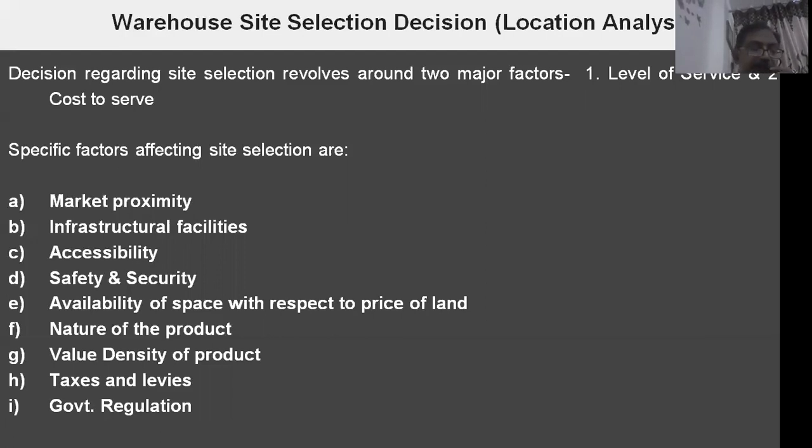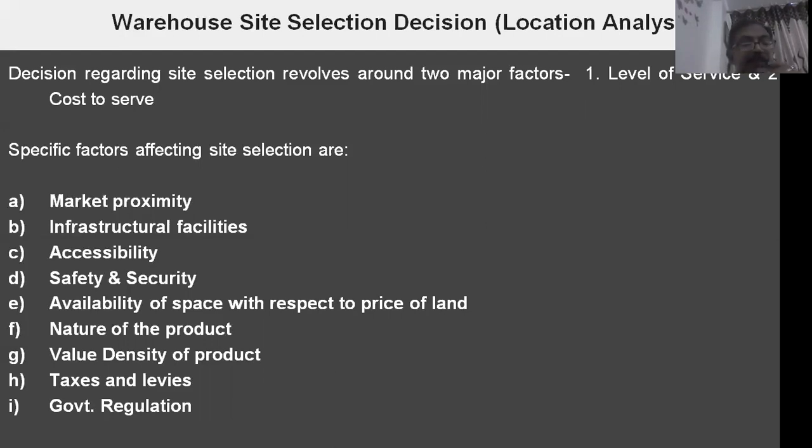So per unit gram price. So value density of gold will be much higher compared to value density of iron or silver or aluminum. So if value density is high, it is suggested that the item should be kept near, meaning control must be higher and it should be near to the market, near to the owner.